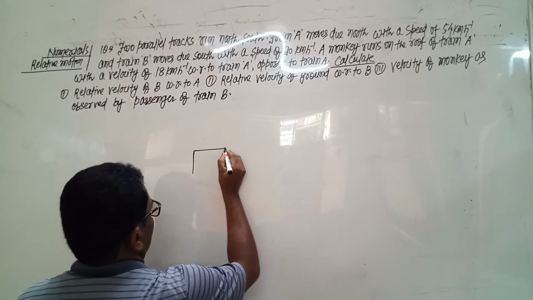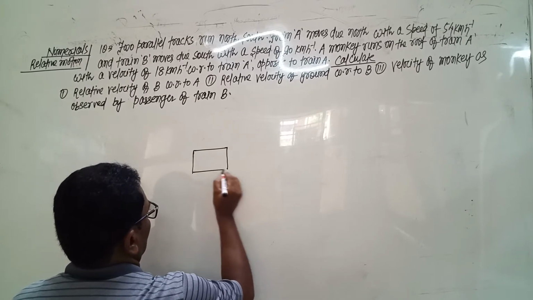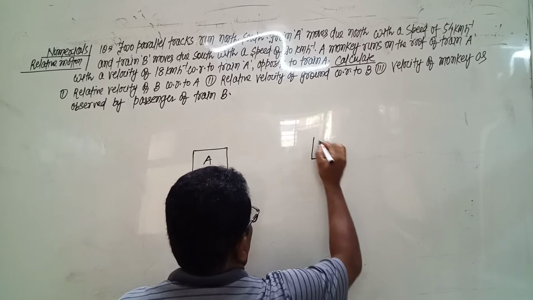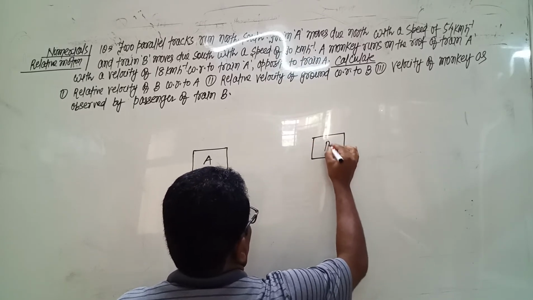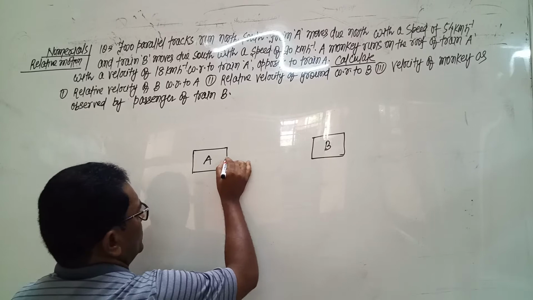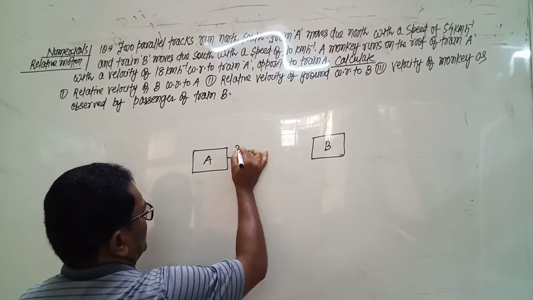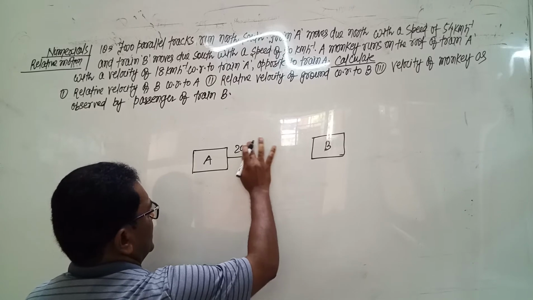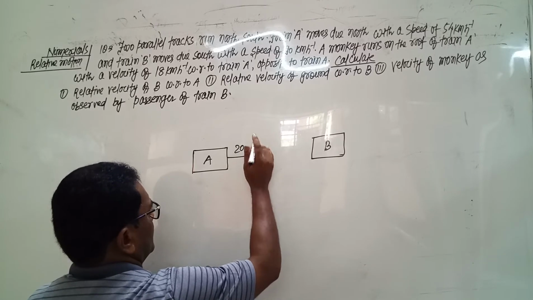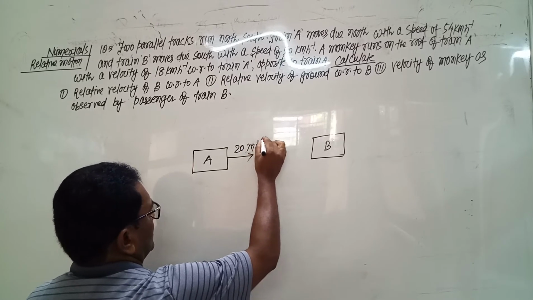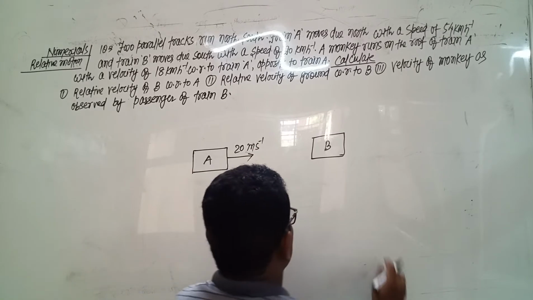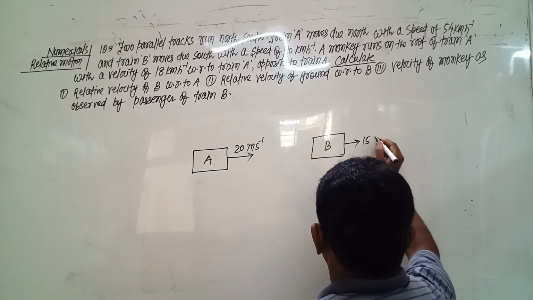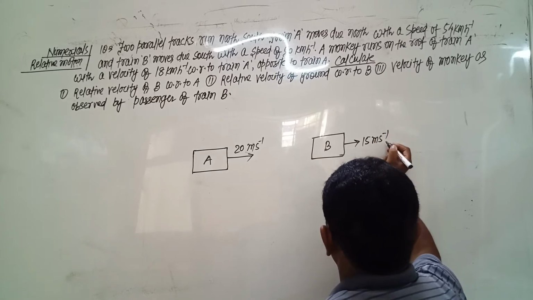Suppose there are two cars A and B. Car A is moving with a velocity of 20 meter per second and car B is moving with a velocity of 15 meter per second.